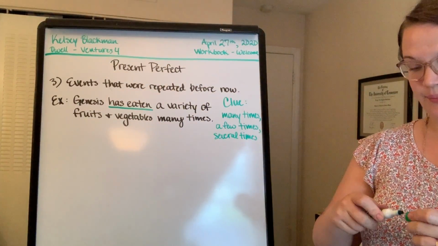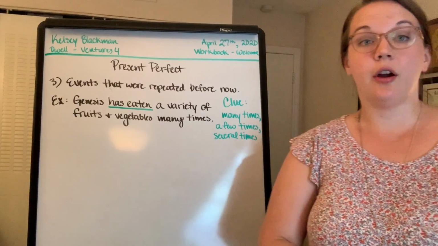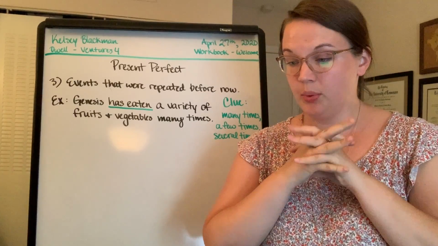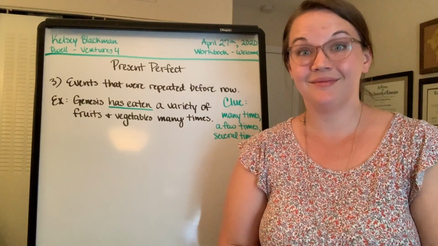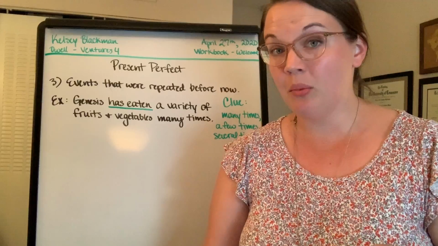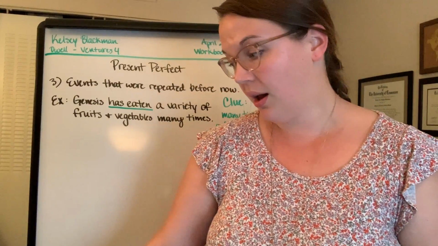Okay? So, those are the 3 uses for present perfect. Yeah, and if you are still a little confused, you can find more information in your regular book on page 5.